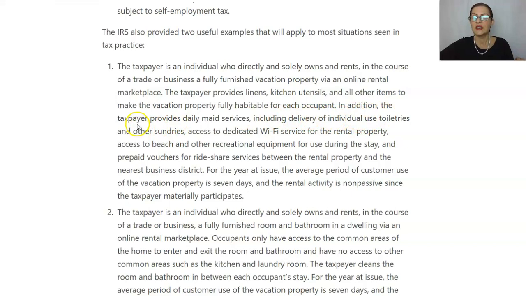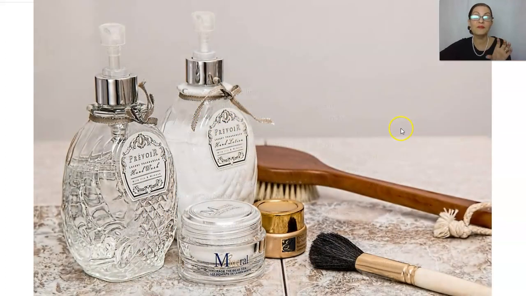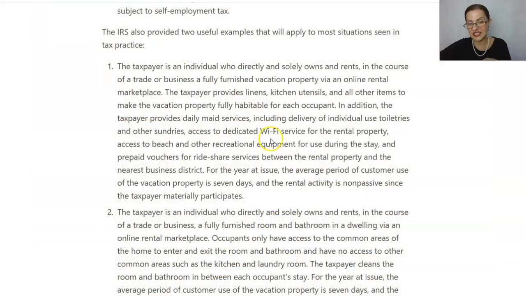In addition, the landlord is providing daily maid service, cleaning every day, including delivery of individual use toiletries, like those little shampoos and soaps and everything, the stuff that everybody steals from the hotels when you go, those little shampoos and the little conditioners and stuff, access to dedicated Wi-Fi, access to the beach and recreational equipment, pool noodles and inflatables or whatever. The IRS is telling you this is what we consider to be substantial services.